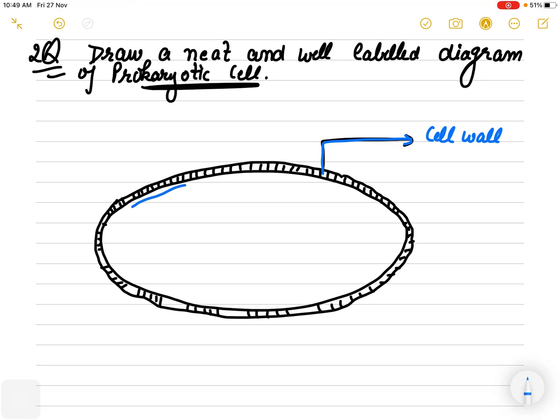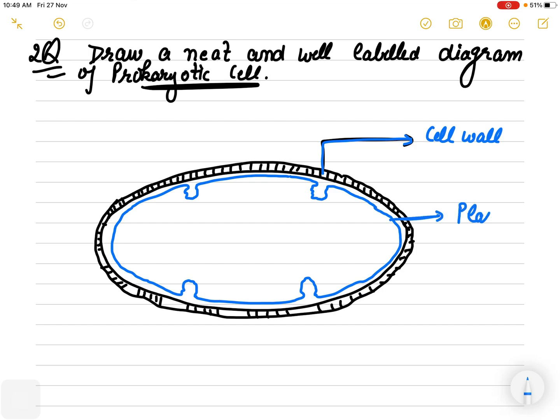There will come the plasma membrane. But right now with the plasma membrane, I am making a few other kinds of molecules also. Label it as the plasma membrane.